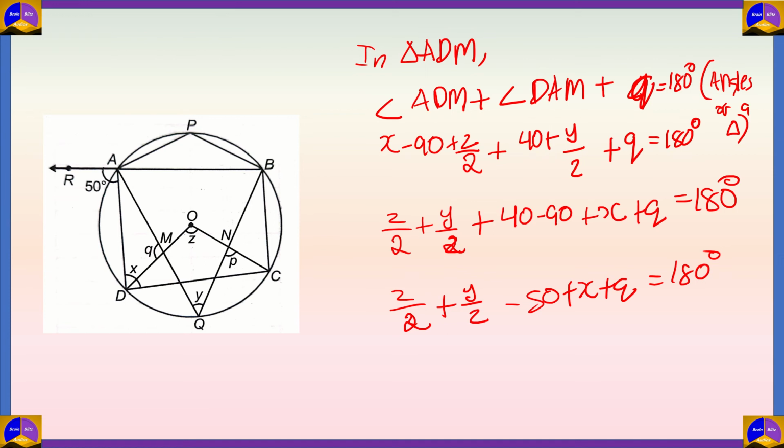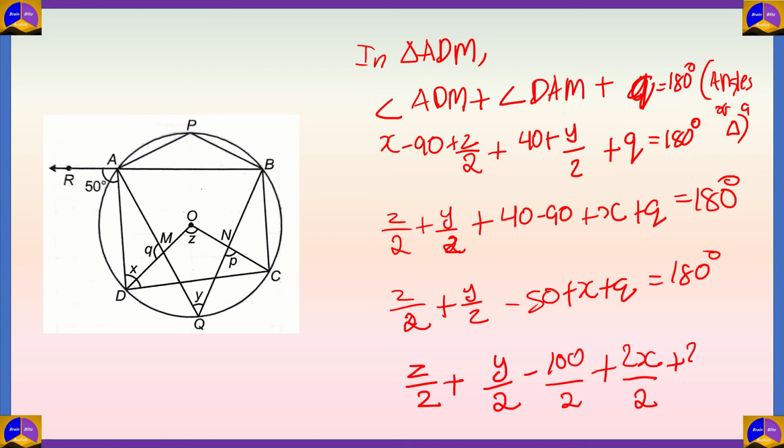Now we can make all of these over 2: Z divided by 2 plus Y divided by 2 minus, now 50 is the same as 100 divided by 2, and X can be written as 2X divided by 2, and Q as 2Q divided by 2, is equal to 180 degrees.